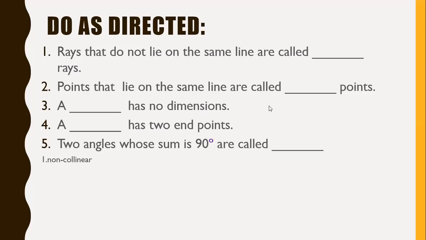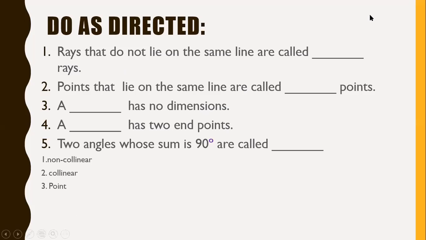Now let's see. Very good. Collinear points. What about 3? A dash has no dimension. Very good. A point has no dimension. What about 4? A dash has 2 endpoints. A line has 2 endpoints?